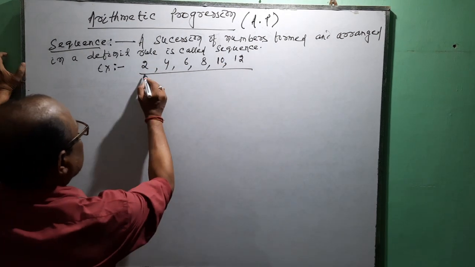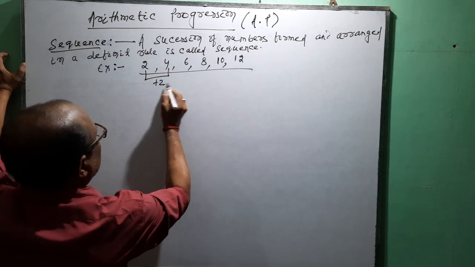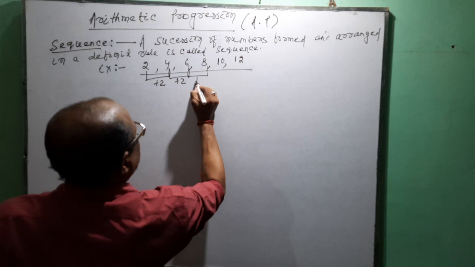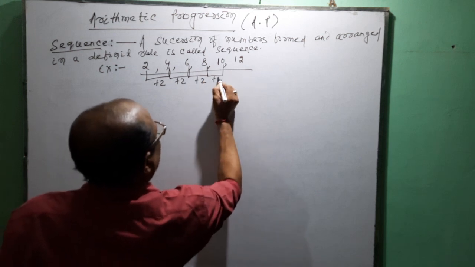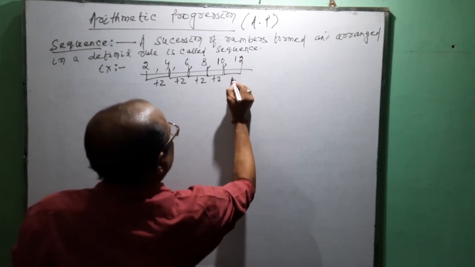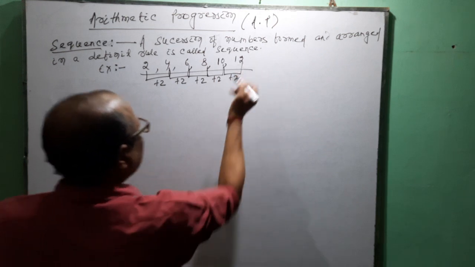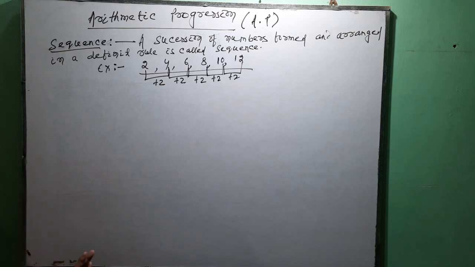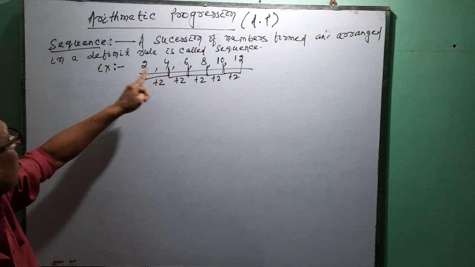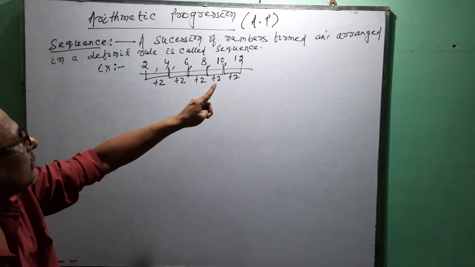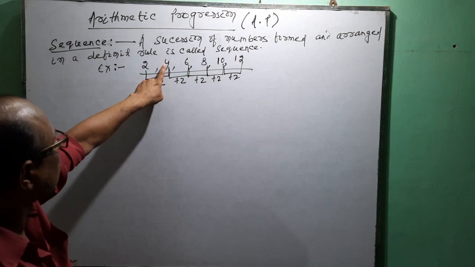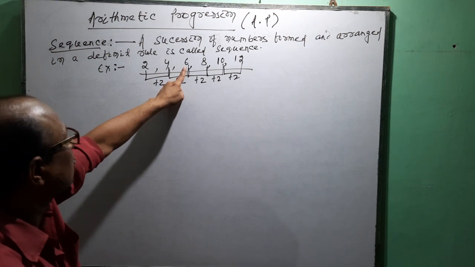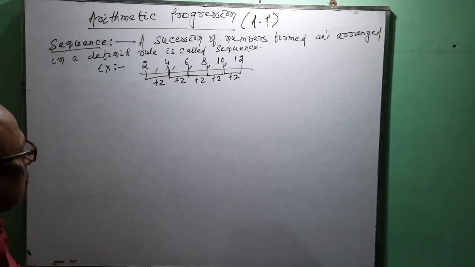Here the rule is 2 to 4, 4 to 6, 6 to 8, 8 to 10, 10 to 12, plus 2 each time. So this sequence is arranged in a definite rule. The preceding term is 2 less than the following term.